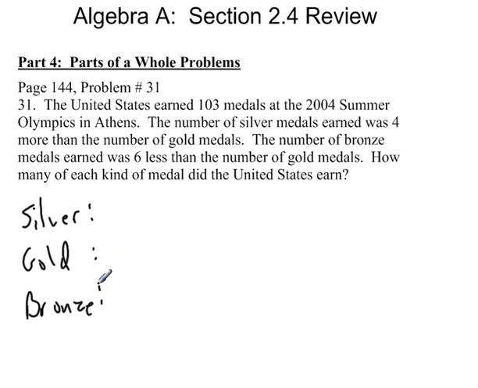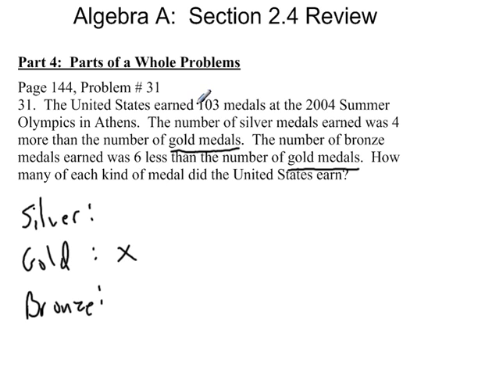You want to figure out which one needs to be your variable, which one is everything based on. It says the number of silver medals earned was 4 more than the number of gold. So it's based on the number of gold medals. The next sentence says the number of bronze medals earned was 6 less than the number of gold medals. I'm going to set gold as x and set the number of silver and bronze medals as a relationship to x.